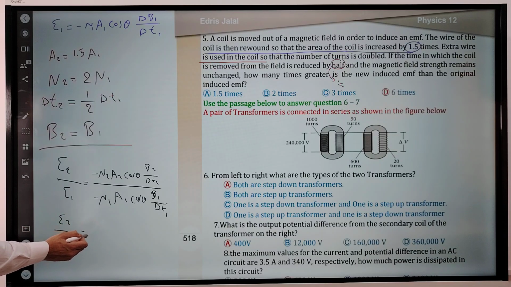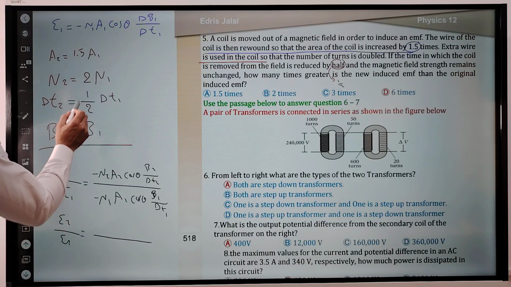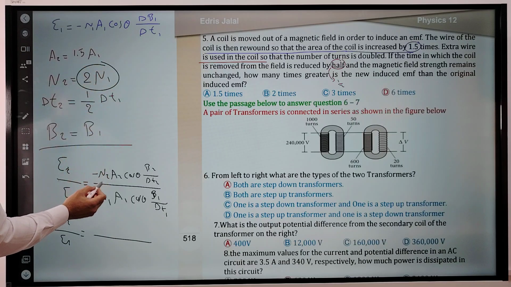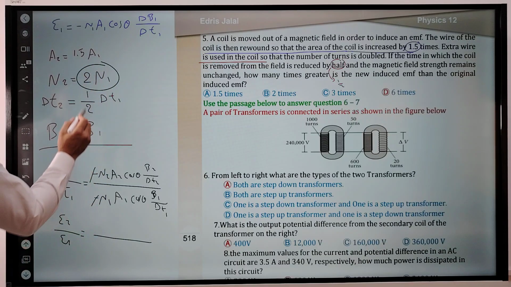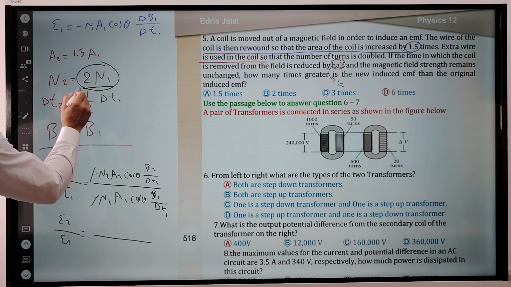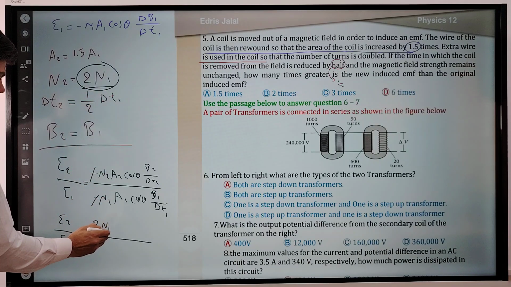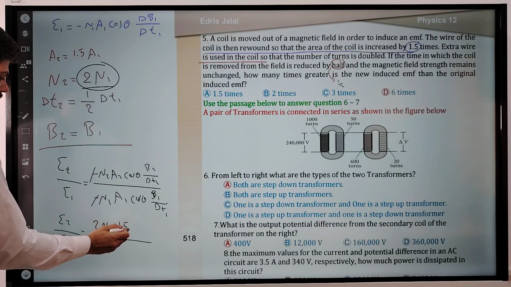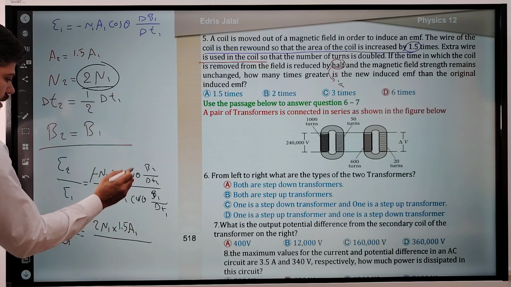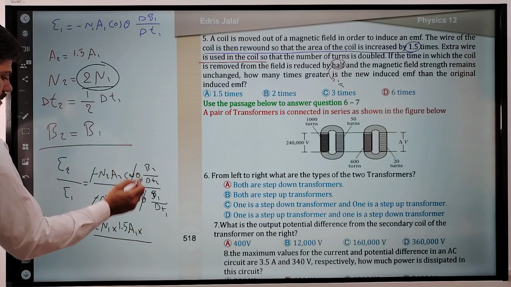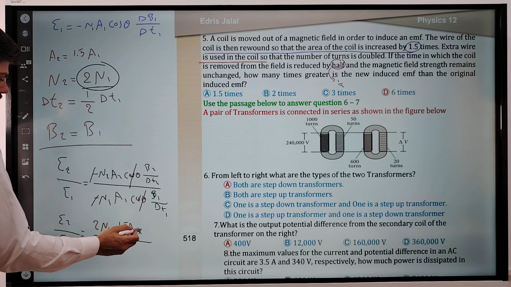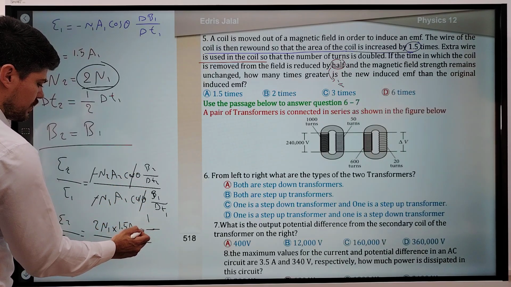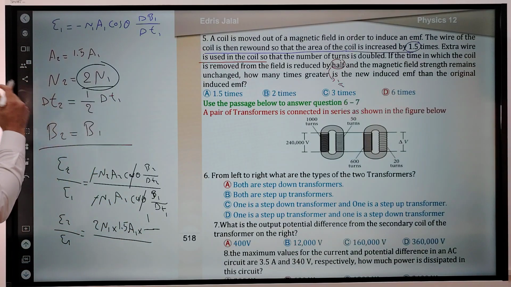E2 over E1, replace. Negative with negative cancel. Instead of N2, write 2N1. Instead of A2, 1.5 A1. Cosine cancels. B is equal to 1, because it doesn't change.